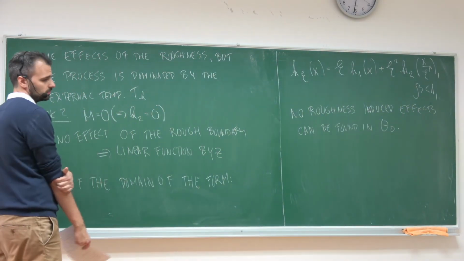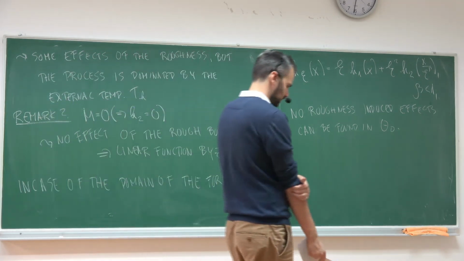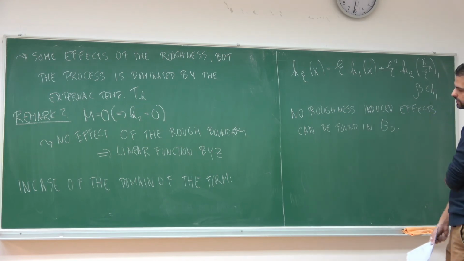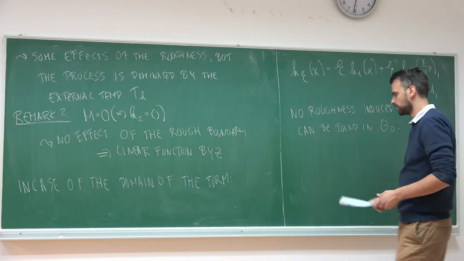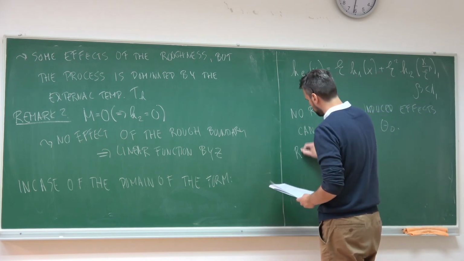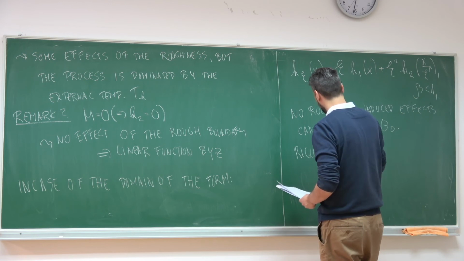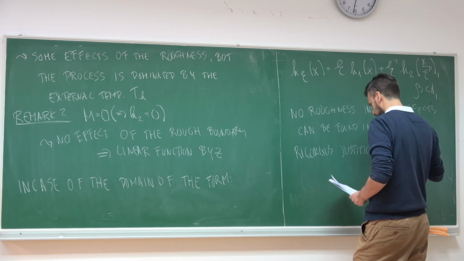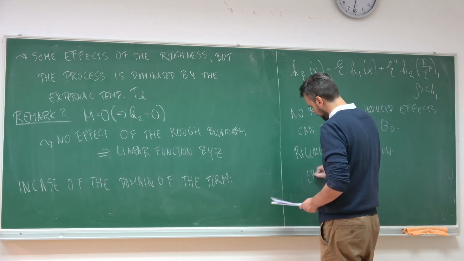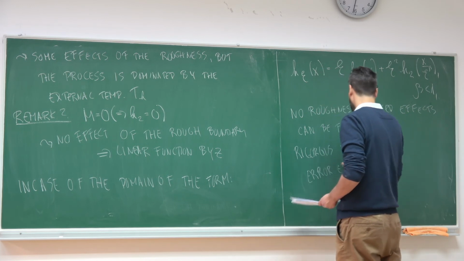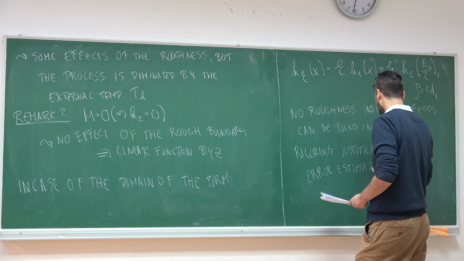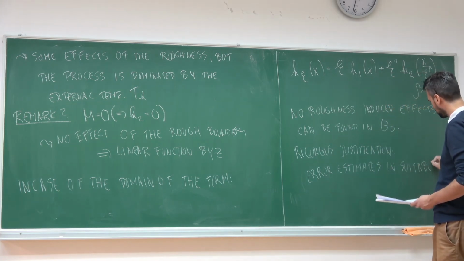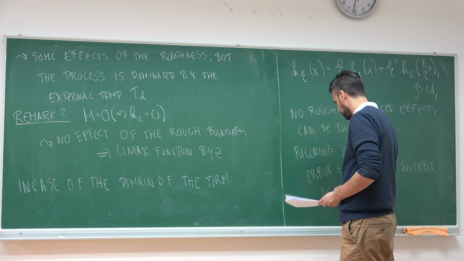But if you want to do justification of the model, you can go by the two-scale convergence method, or the more classical one that we are using, so the error estimates in suitable norms, so rigorous justification.